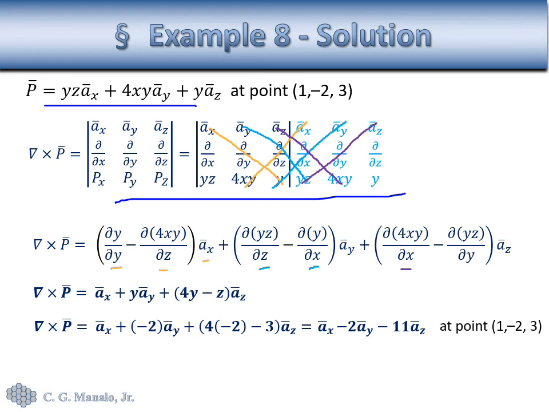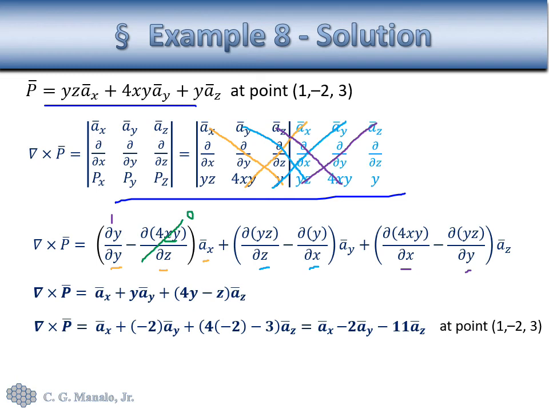Then we evaluate. Here, this is 1. And here we are taking the partial derivative with respect to z of this one, which is a constant, so this becomes 0.